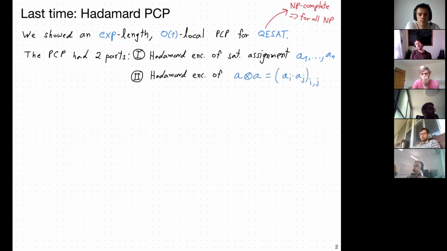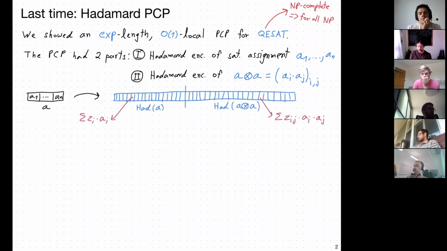We also had a Hadamard encoding of A tensor A, which is just a fancy name for all combinations of 2 elements. The A1 to AN part lets us deal with the linear monomials, and the tensor part helps us deal with the quadratic monomials.